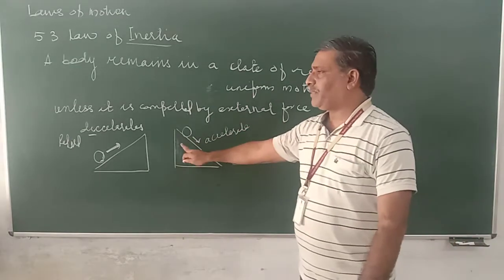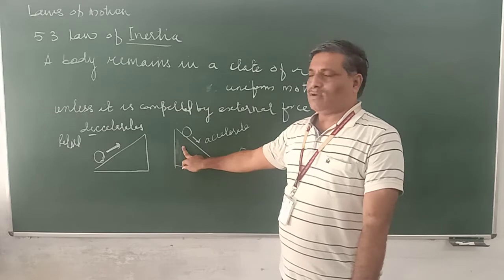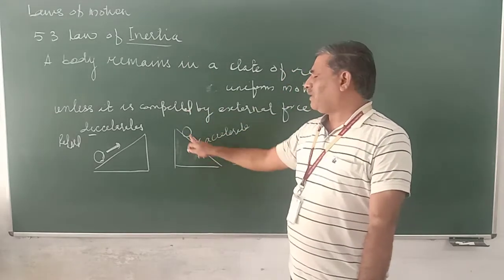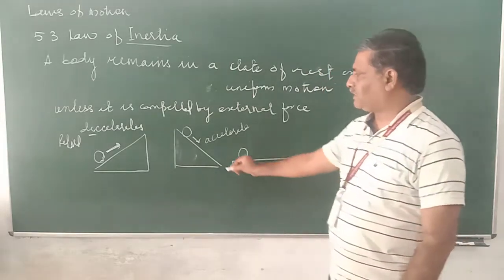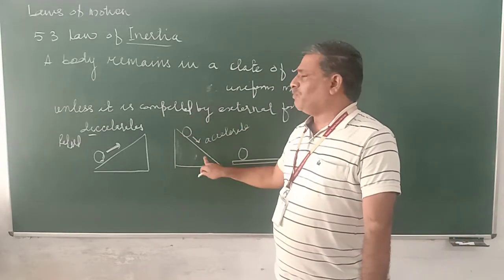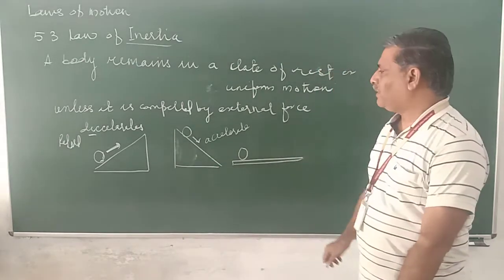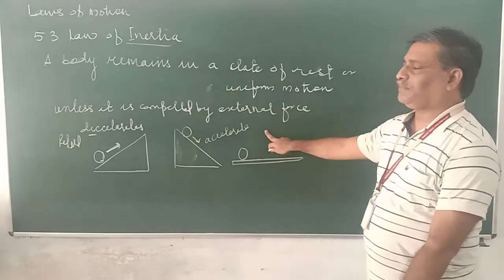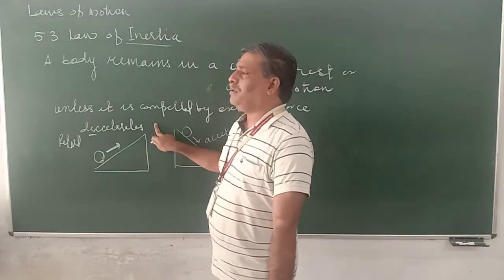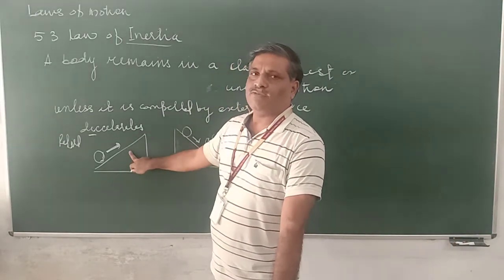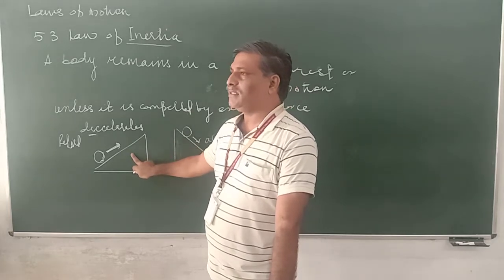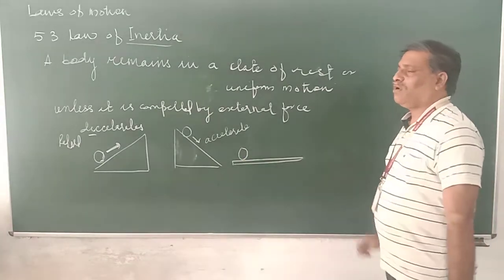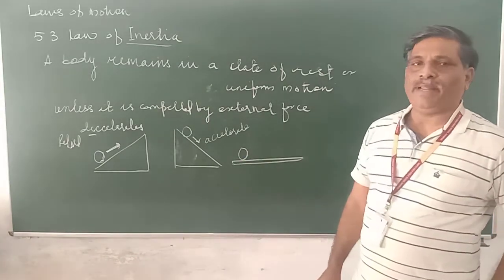Once again I repeat, Galileo formulated this law by studying the motion of an object on an inclined plane. When the body is moving down an inclined plane, its velocity increases, therefore it accelerates. When the body is moving upward, its velocity decreases, it decelerates. A very obvious question came to his mind: if the body moves on a horizontal plane, what will happen?